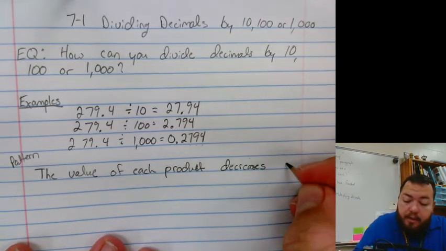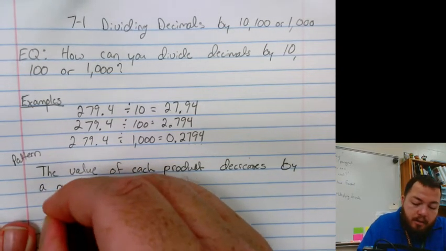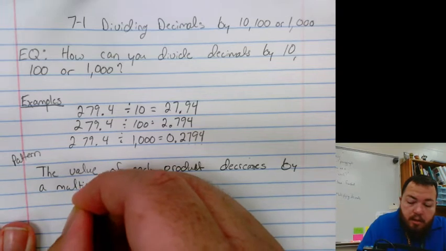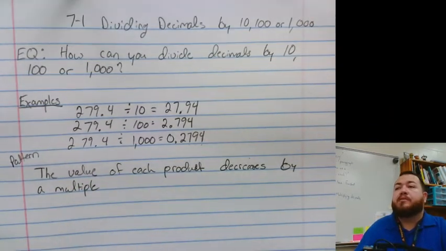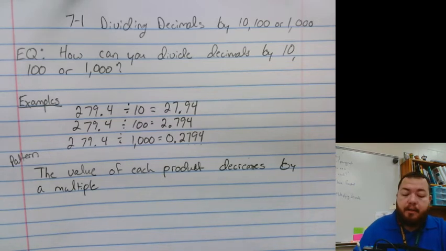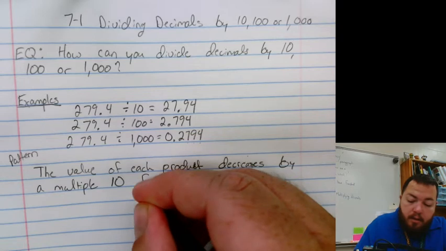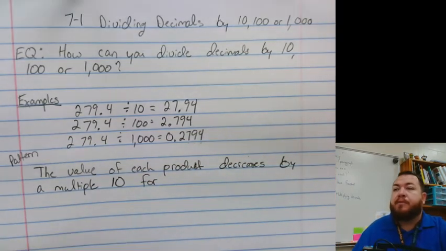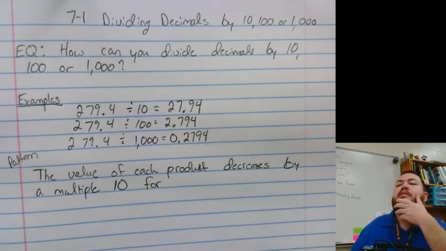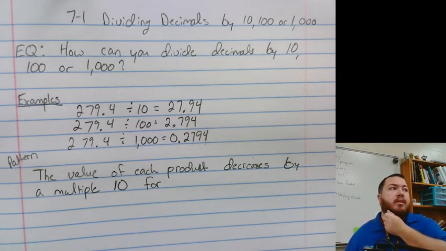And what does it decrease by? A multiple of what? Whenever we move in the place value chart, we're moving by multiples of what, Aaliyah? 10. And then how do we find how much it decreases? What's telling us that? Look at 10, 100, and 1,000.